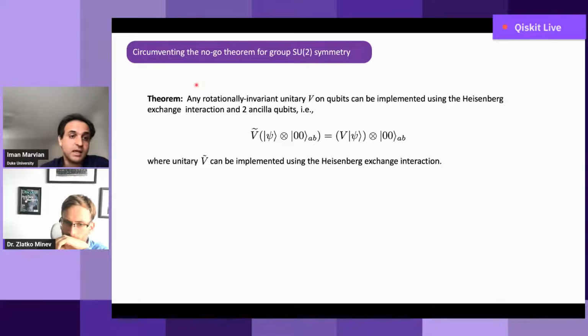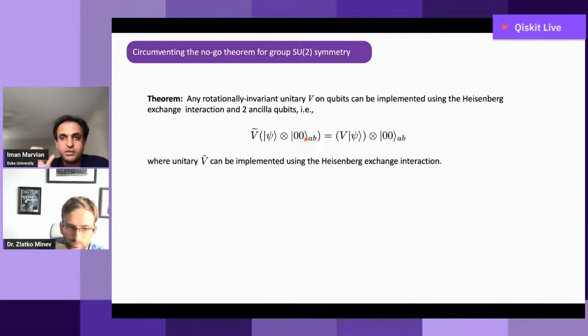So it turns out that you can extend this result also to the case of SU2 with two ancillary qubits. Any rotational invariant unitary V on n qubits can be implemented using just Heisenberg interaction, which is two local and respects SU2 rotational invariance. And you just need two ancillas. The ancillas, two qubits, can be initially prepared in a state 0, or they can be in the singlet state.